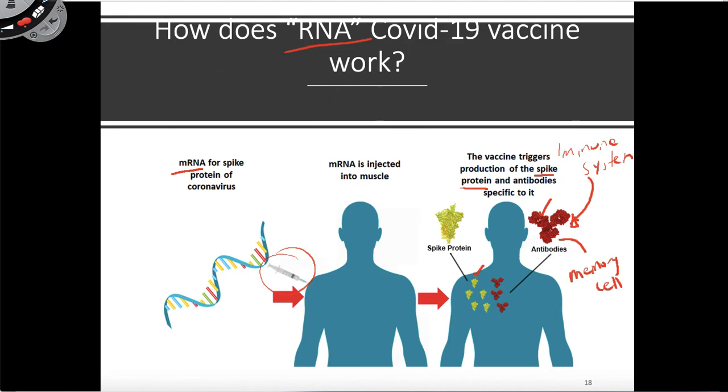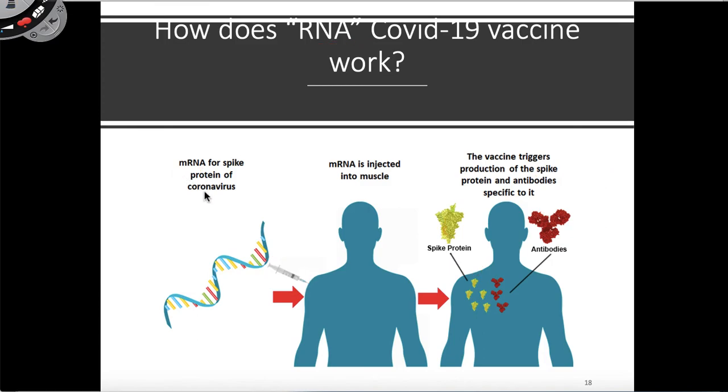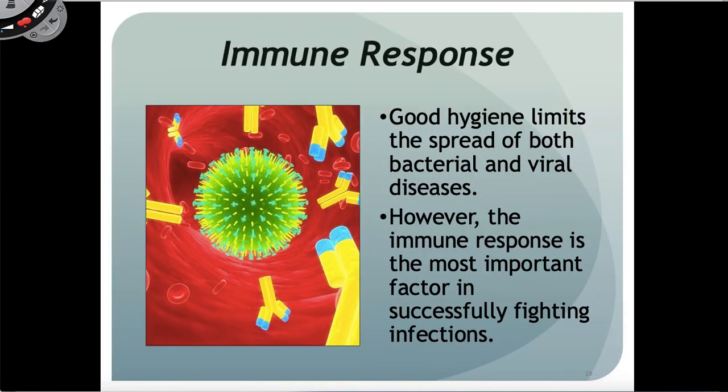Now, the news is ever changing, so scientists are still looking to see how effective these vaccines are going to be, if we're going to need a booster shot in a year or if we're not. So we just have to keep listening to the news and following the scientists' recommendations.